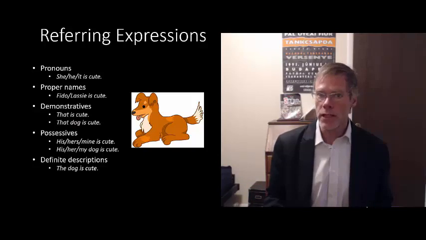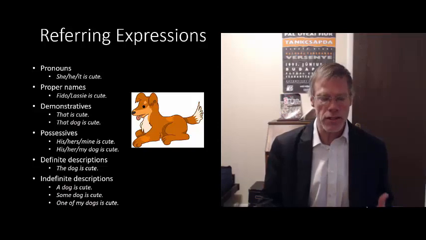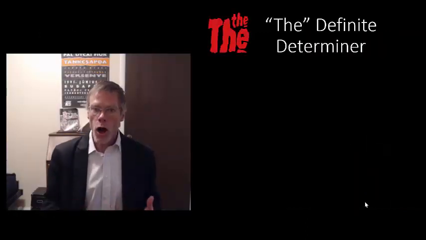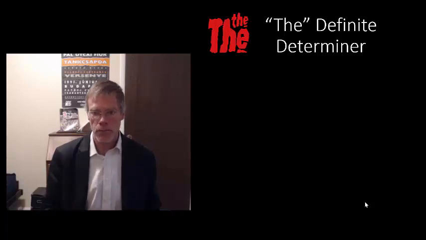And then there are definite descriptions, like the dog, versus indefinite descriptions, such as a dog, or some dog, or one of my dogs. You will often hear people refer to the as the definite determiner.